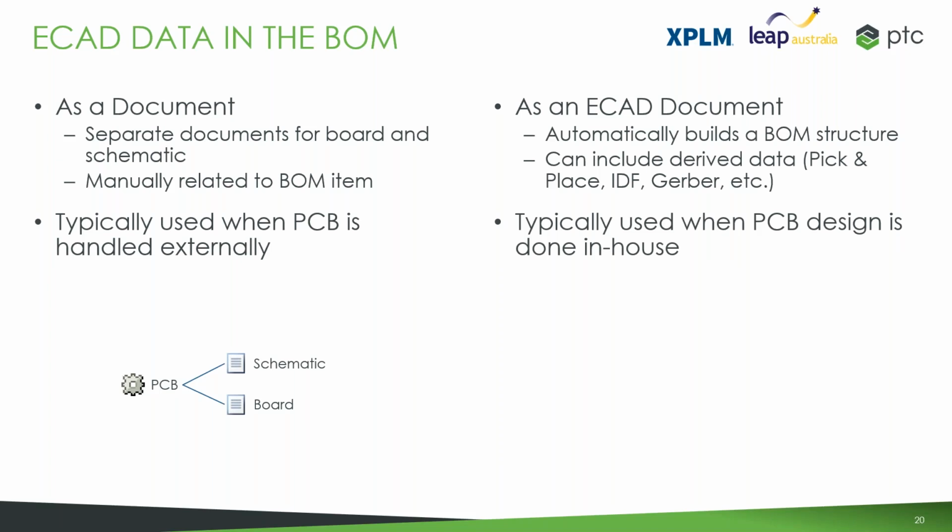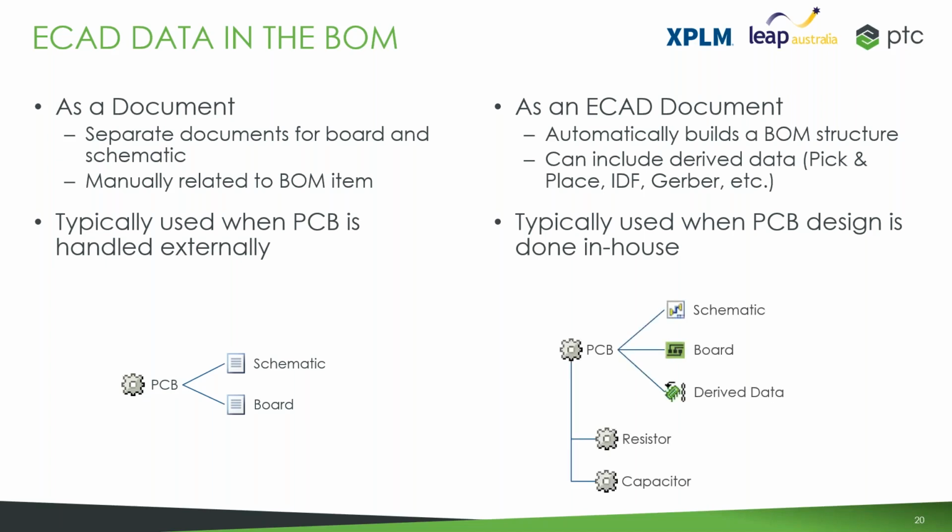We want all that structure and all that information, because now we've got to find suppliers for all the parts to go into that board, okay? So in that case, when we check that in, we're building a structure, we're using library information. So when that PCB goes in, we're going to have the schematic, the board, and all that derived data going in as CAD documents, okay? So we've got multiple ways to handle our ECAD data inside the bill of materials, okay?